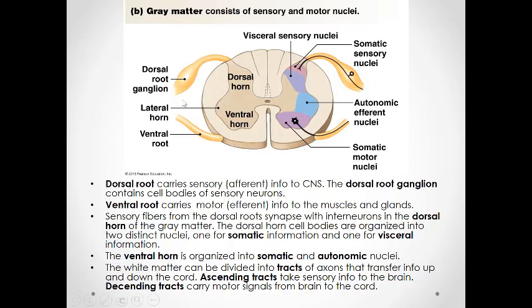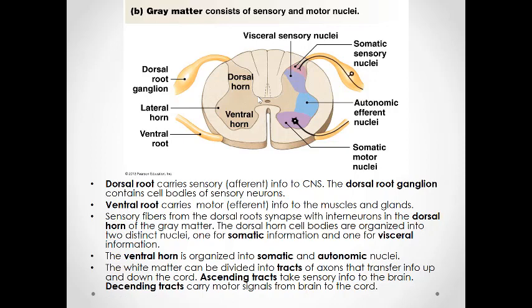So the sensory fibers from the dorsal root are going to synapse onto what is known as interneurons in the dorsal horn over here. Okay? And when they synapse onto the gray matter, they're going to then forward their information on.